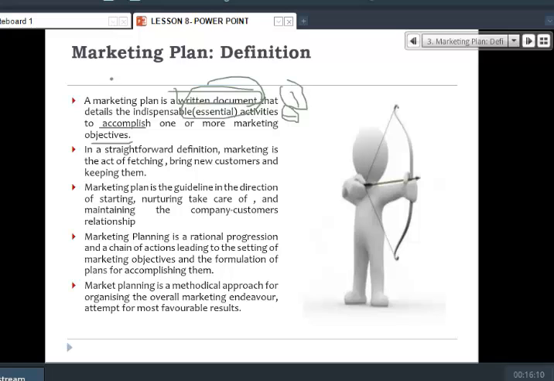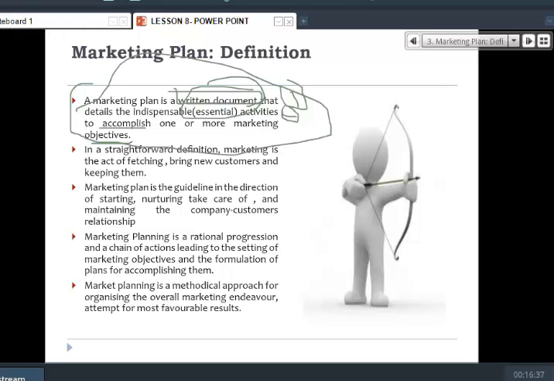Another definition for marketing plan is a straightforward definition: marketing is the act of bringing in new customers and keeping them. This definition focuses more on the purpose of the marketing plan. I recommend you memorize the first one.